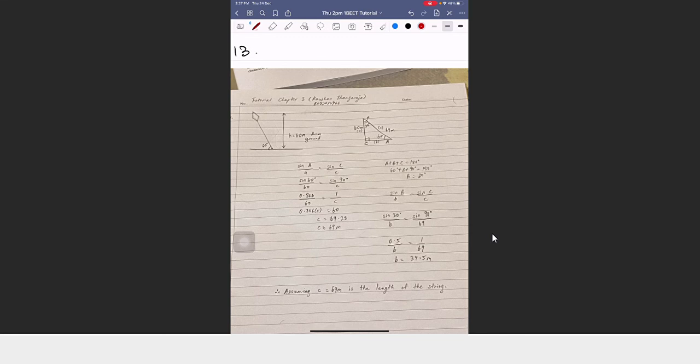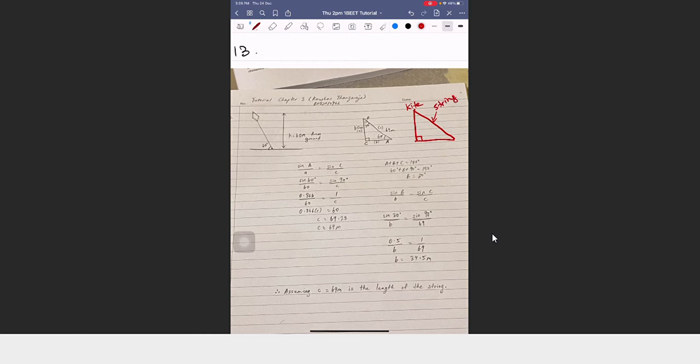If we look at this diagram, you just have a straight right angle triangle. Let's say this is the kite. This is a right angle triangle, and this is the string.